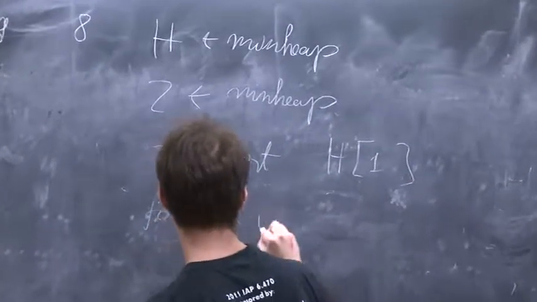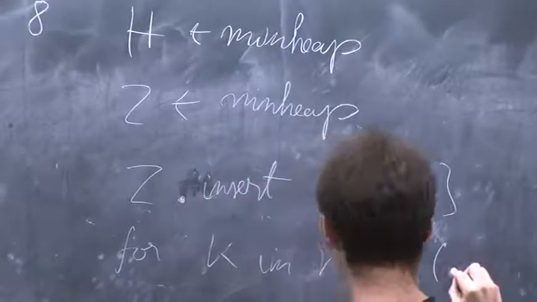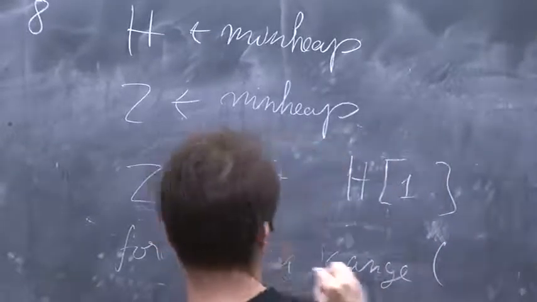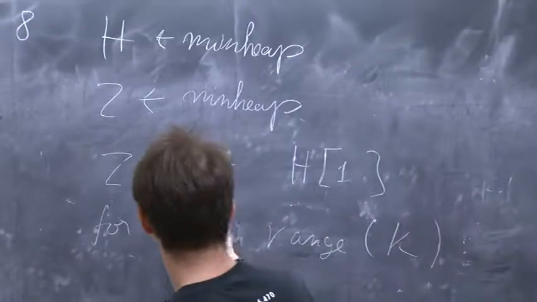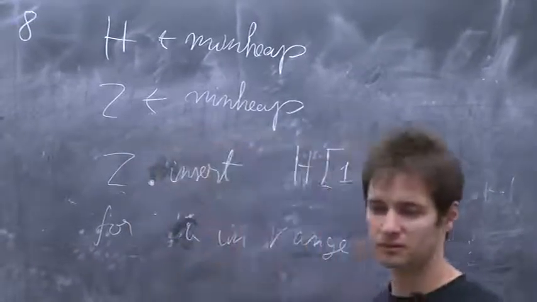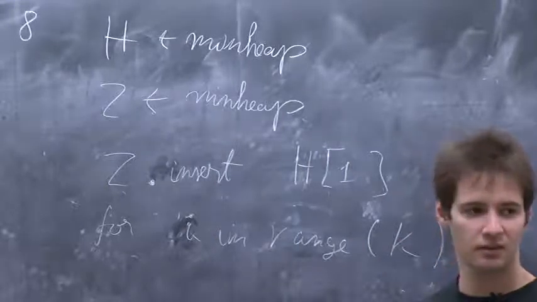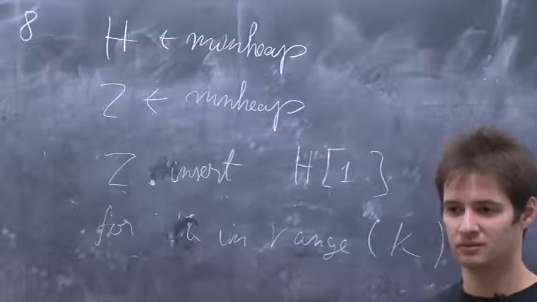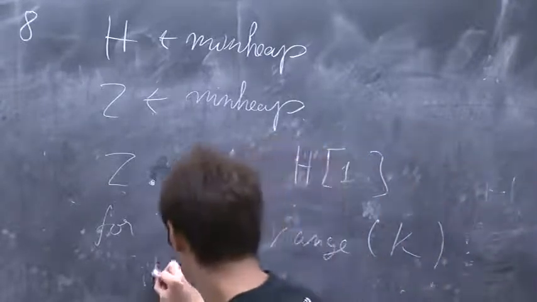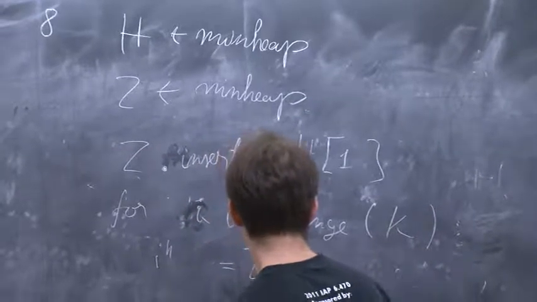For i in range k, so i is going to go from 1 to k. What do I want to do? Compute the ith element. How do I do that? Extract min. i-th equals z dot extract min.